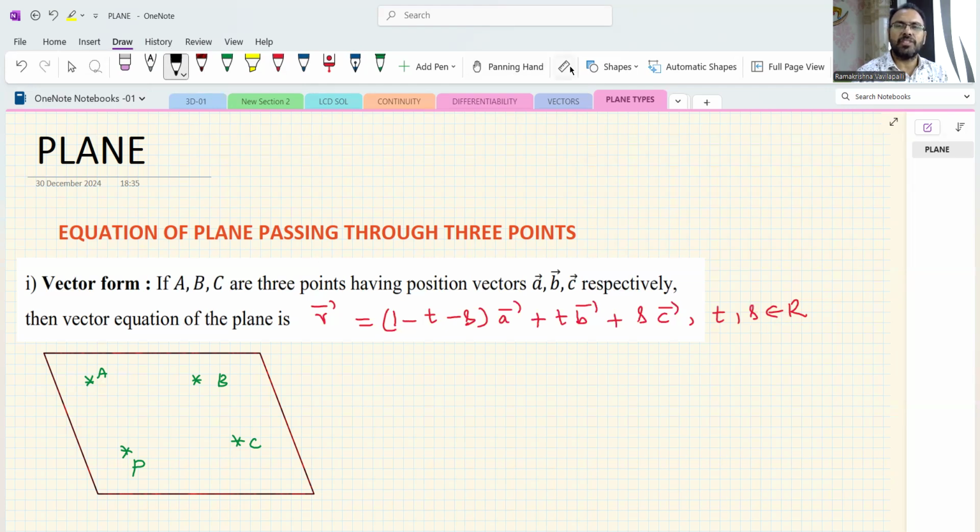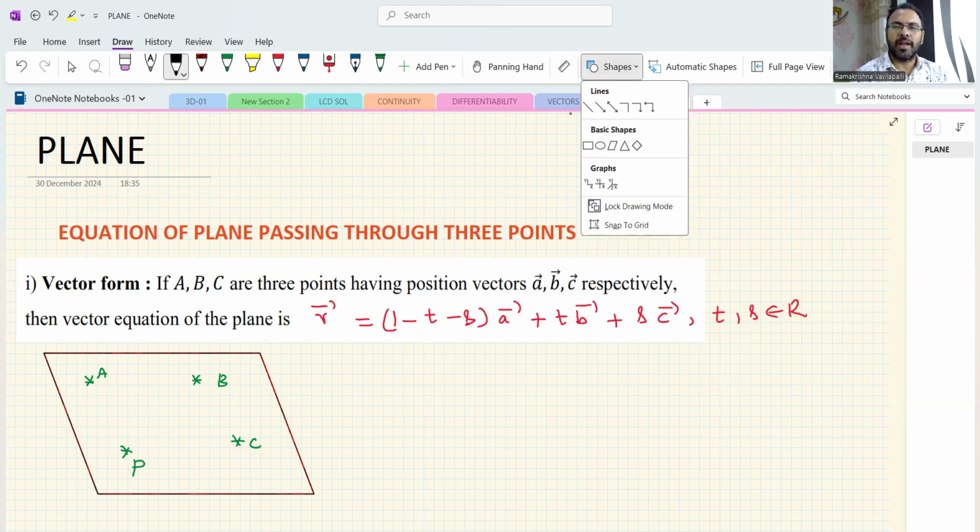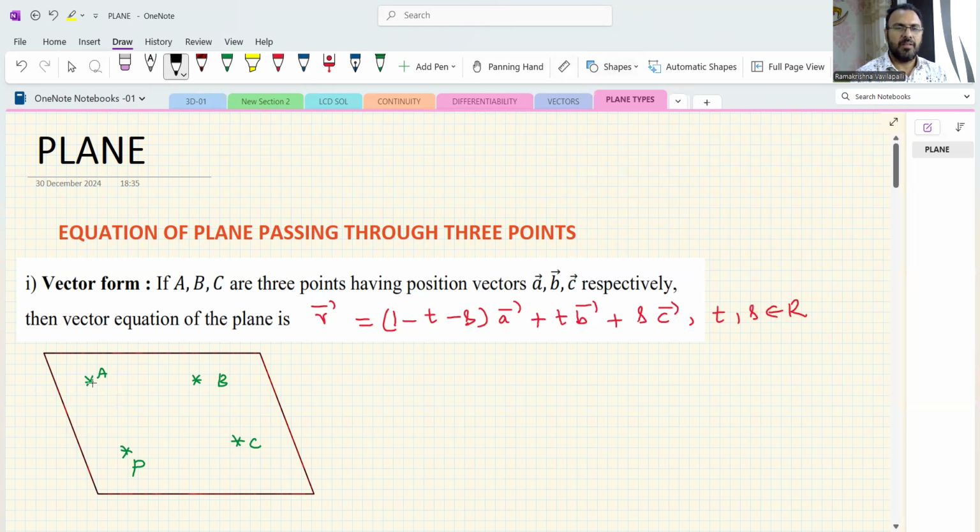Let us join each of the points starting from A, joining with B, joining with P, and one more joining with C. If you observe, you see that AB bar and AC bar and AP bar are coplanar vectors.